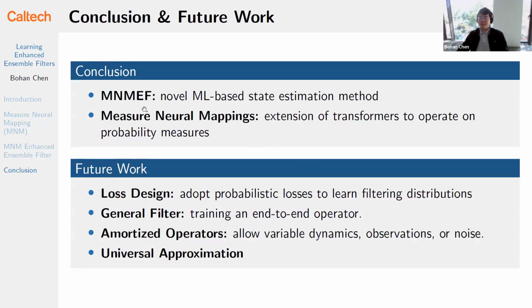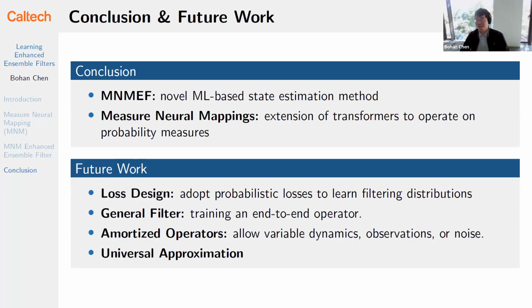As a conclusion, today I introduced the MNMEF, a novel machine learning-based state estimation method for data assimilation, and also a measure neural mapping. We extend the transformer to a map on probability measures. There is lots of future work based on this architecture that includes different loss design.